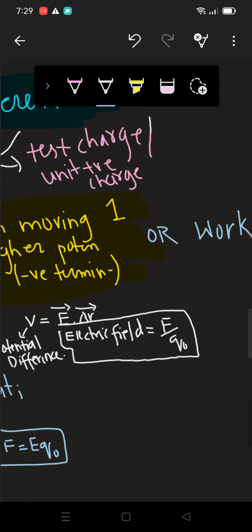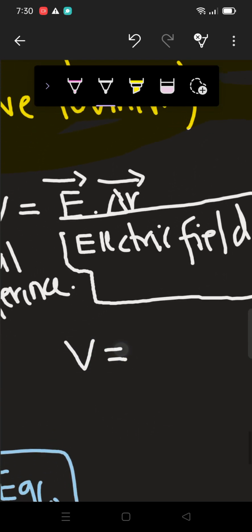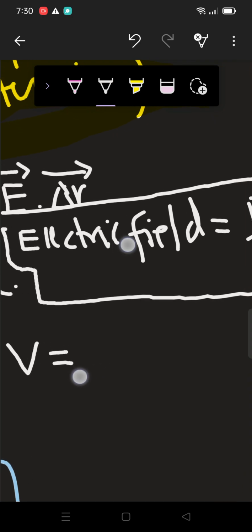So electric field was equal to force per unit charge. Now we can substitute this force per unit charge in the formula written above, E dot del R. So volt is equal to E dot R, which means I can substitute the value of electric field instead of this E now.